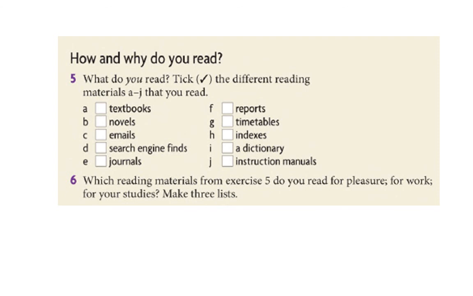Number 6. Which reading materials from exercise 5 do you read for pleasure, for work, and for your studies? Make 3 lists. In the first list, for pleasure, we guess that novels are read for pleasure, emails sometimes for pleasure, search engine finds also sometimes, journals for pleasure.